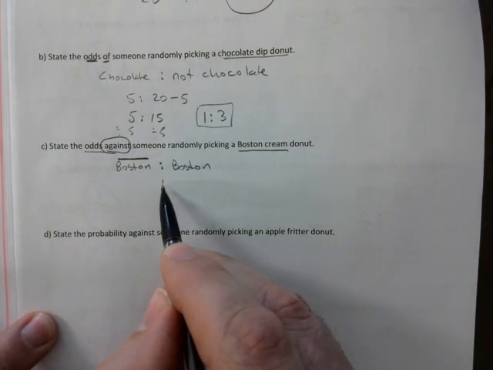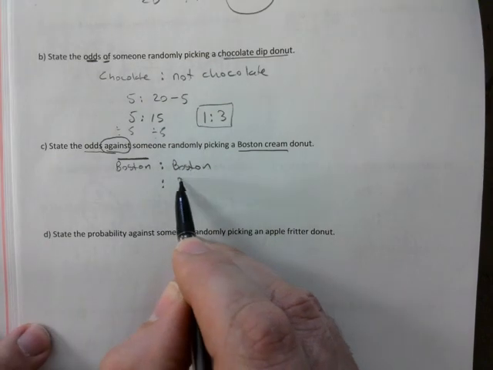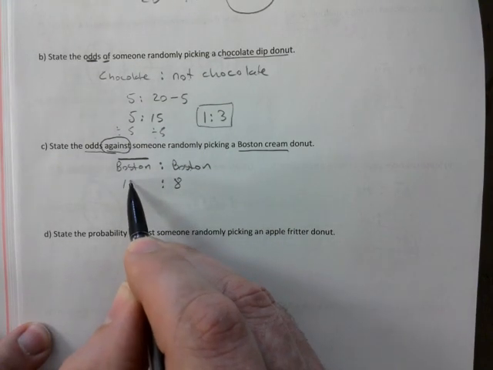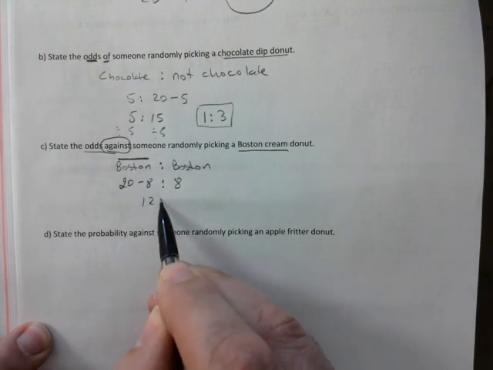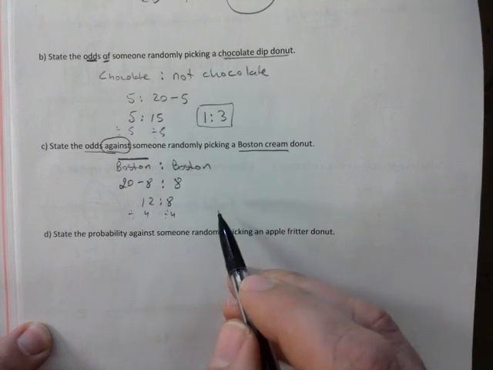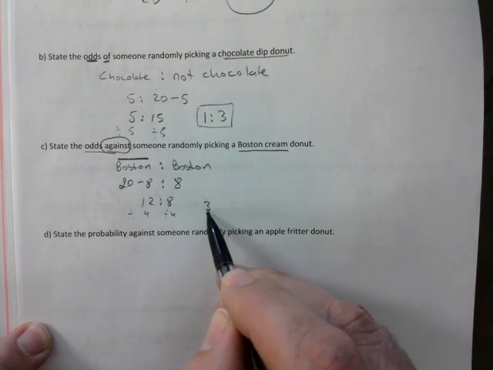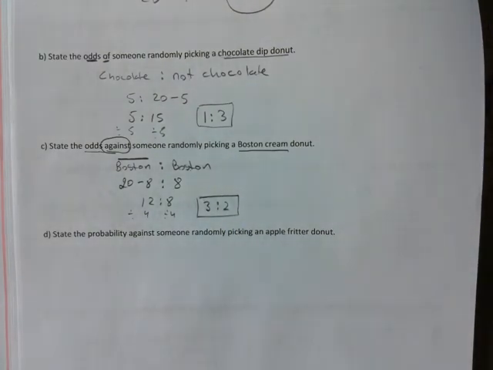So you first start with Boston cream. We have 8 of them. And on this side, we got 12 minus 8. So it's 12 to 8. You can divide both of them by 4. And so that gives us 3 to 2. I don't ask you to reduce a whole lot, but these are easy enough numbers for us to be able to do that.